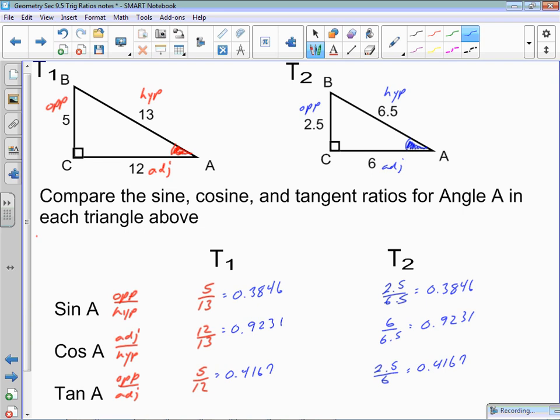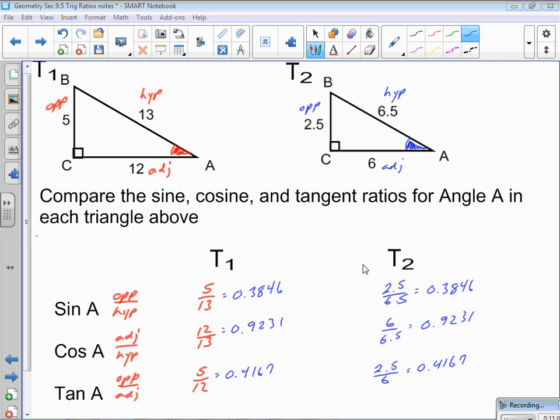So when I look at those, I see that I've got two different triangles, but my sine, cosine, and tangent values are all exactly the same. So we get the same trig ratios for both triangles, which means that these two triangles are similar triangles.